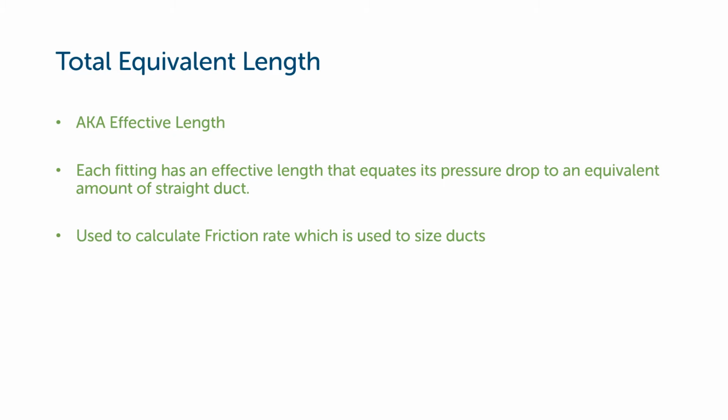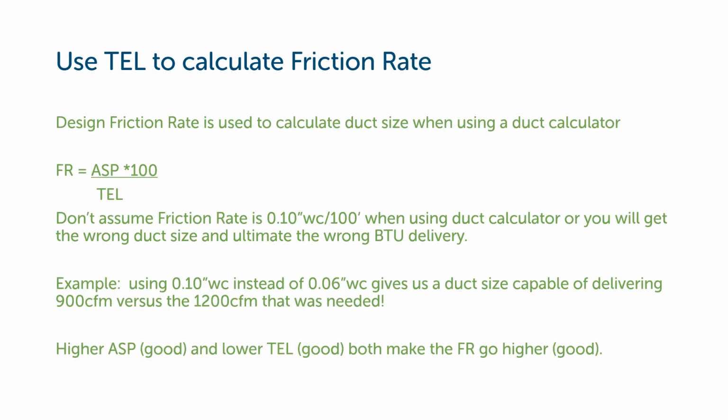And we use this total equivalent length to calculate the friction rate when we want to size the ducts. We use the total equivalent length to calculate friction rate, and then we use friction rate to calculate duct size when we use a duct calculator.